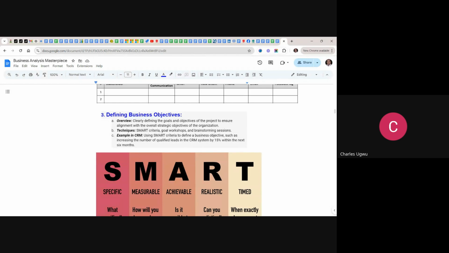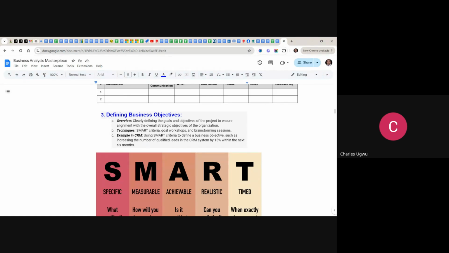The first thing, after understanding your stakeholders, is to understand the requirements, understand exactly what's going on, what the problem is and what is required of you. And this is what we call key objectives. If you do not know how to, this is where the problem starts.